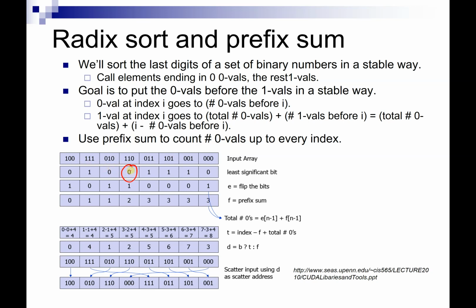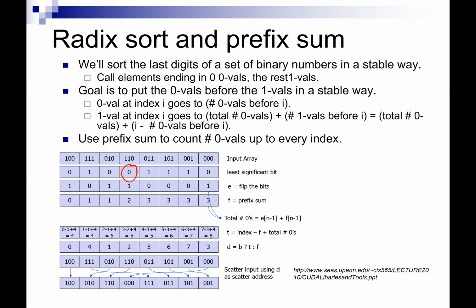So this is why this guy belongs in position number 2 at the end, because he's got to come after these 2 0 values. In fact, this D array here, I'll tell you exactly how we compute these values later, but right now you see that the D here is a 2, and this is indicating that this guy belongs in position 2, because there are 2 0 values before him.